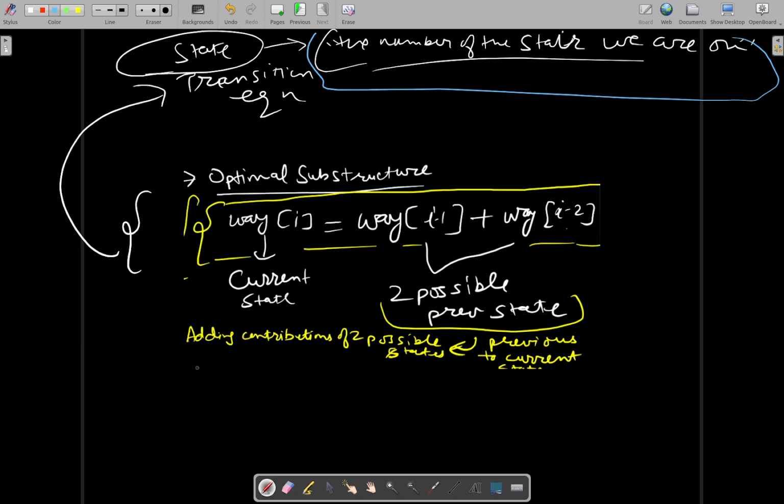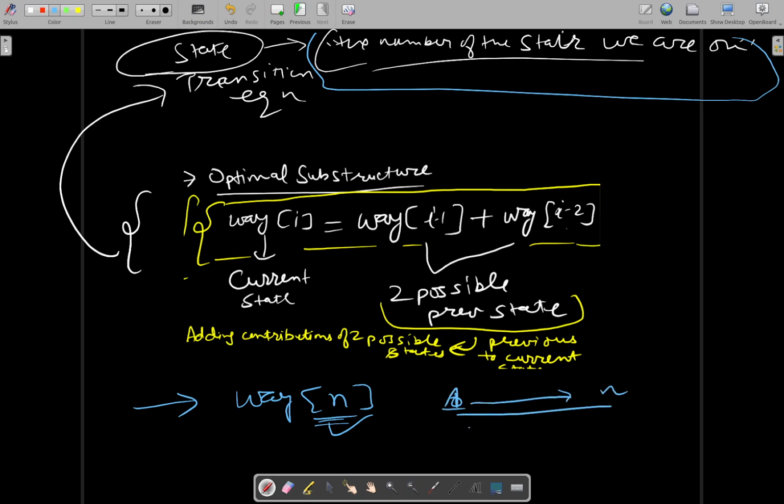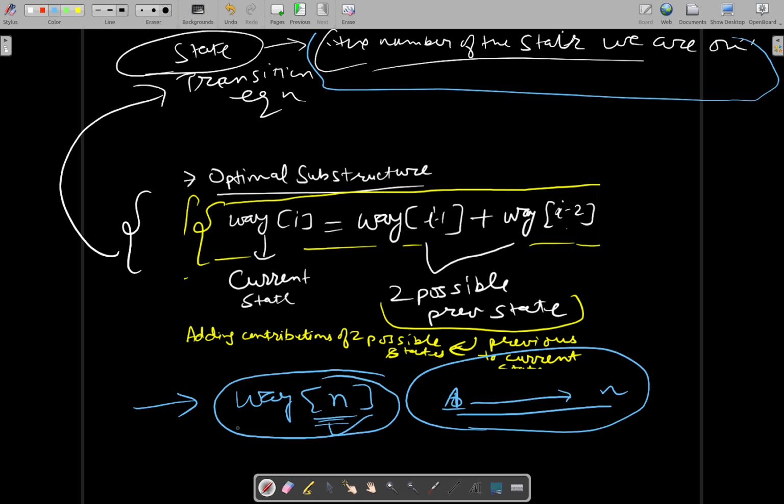At last, we have to return the number of possible ways to reach the nth stair. We will be building our solution from the very first stair to the nth stair, and at last we will have our answer as the number of ways to reach the nth stair.